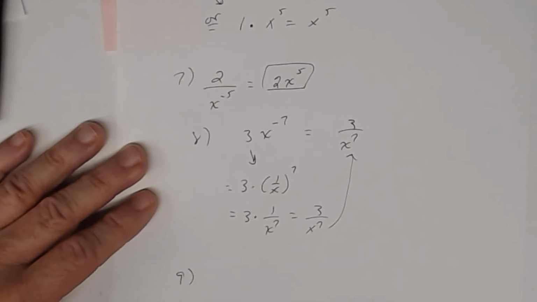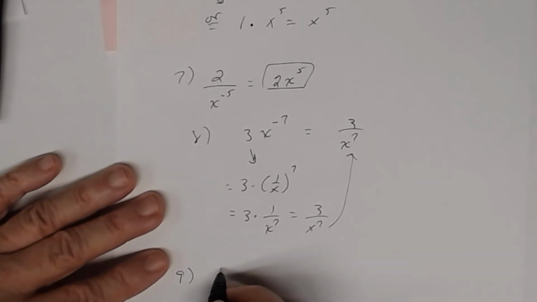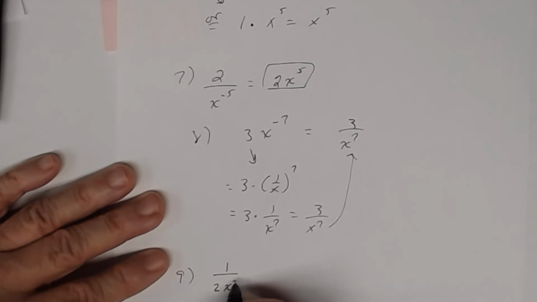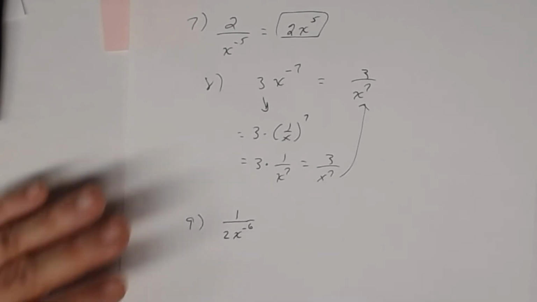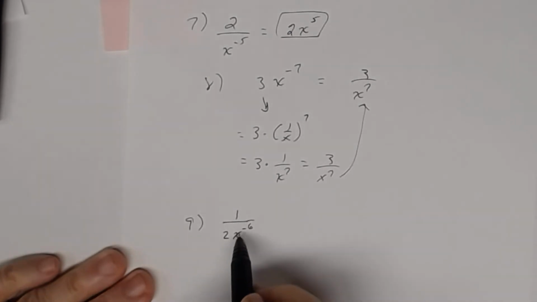So what if you had this? What if you had, let's say, 1 divided by 2x to the negative 6 power. Don't make it difficult. Think about what you have. If I have 1 divided by 2x to the negative 6, what's being raised to the negative power? The only thing being raised to the negative power is this x, right? So this is the only thing you're going to deal with.